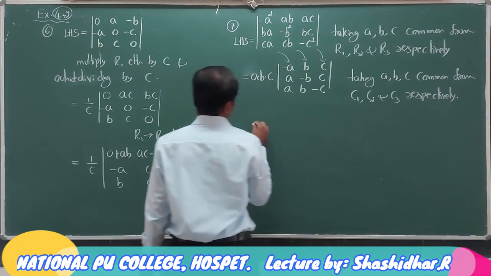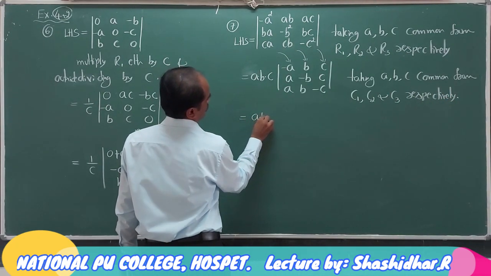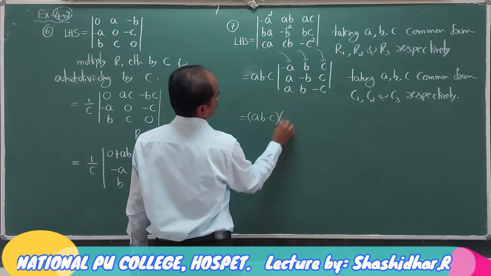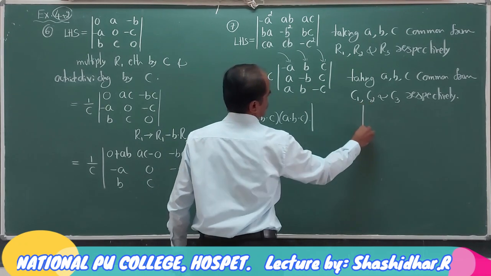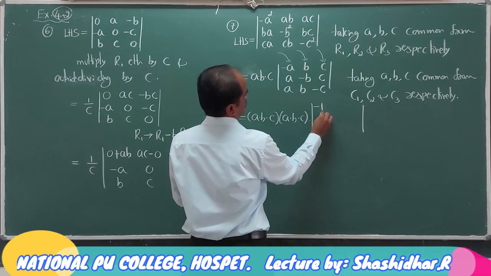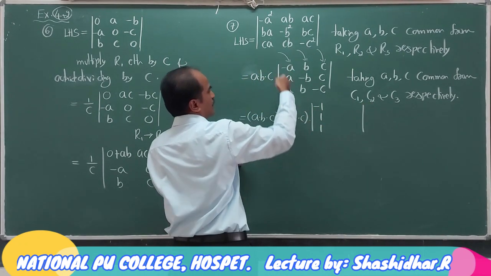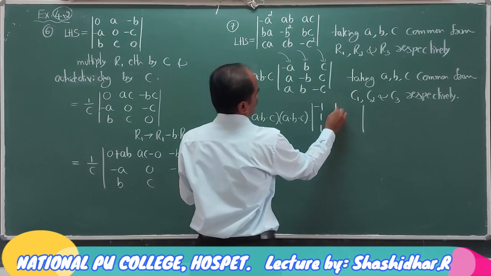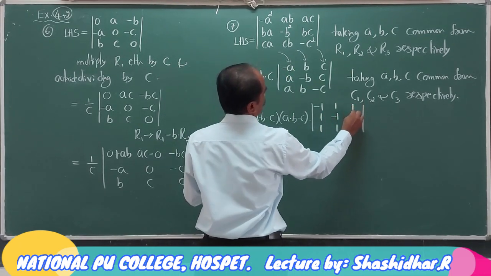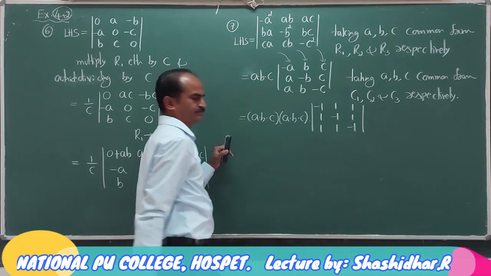We get A, B, C into one more set of A, B, C into determinant. First column: minus 1, 1, 1, because we are taking common from columns. So column wise I am writing. It is 1, minus 1, 1. Third column 1, 1, minus 1.